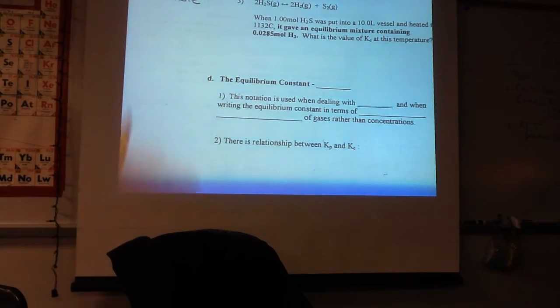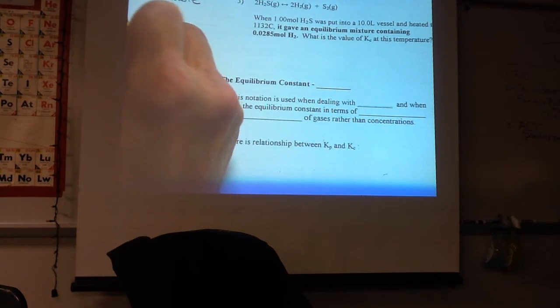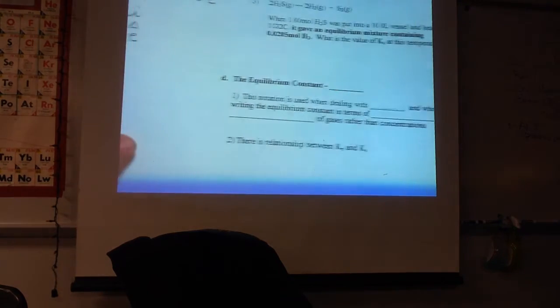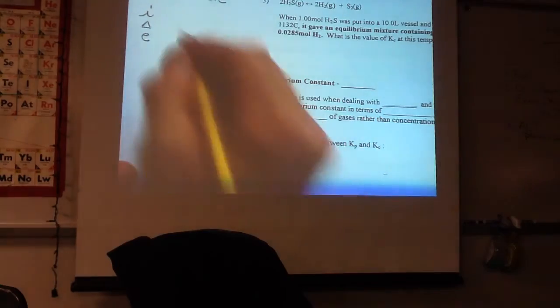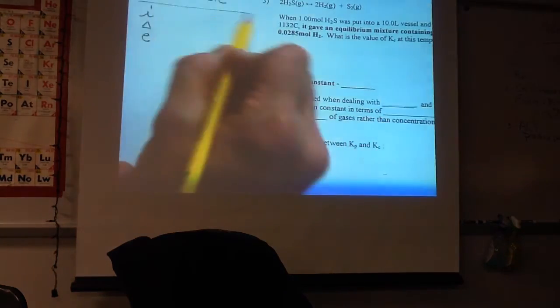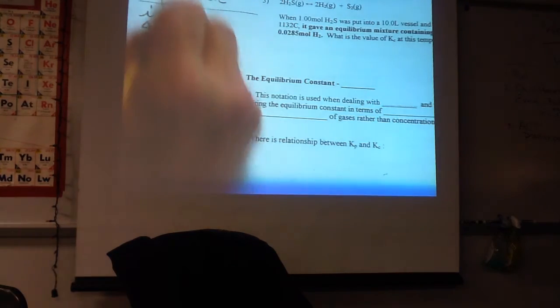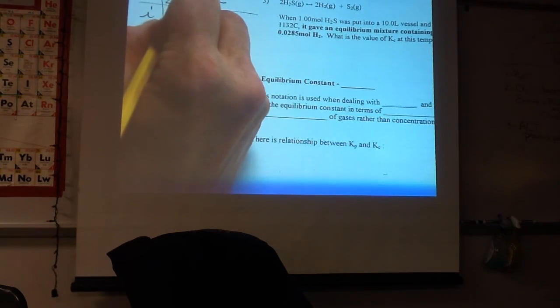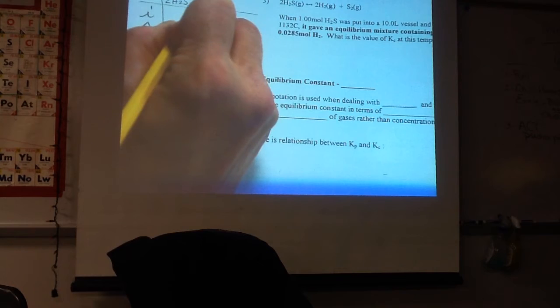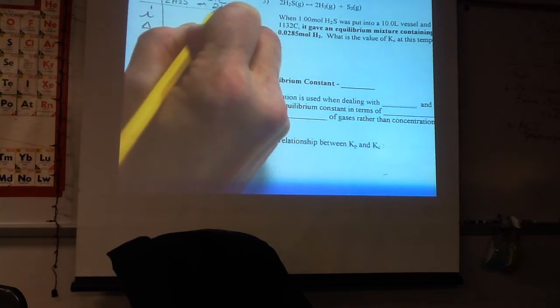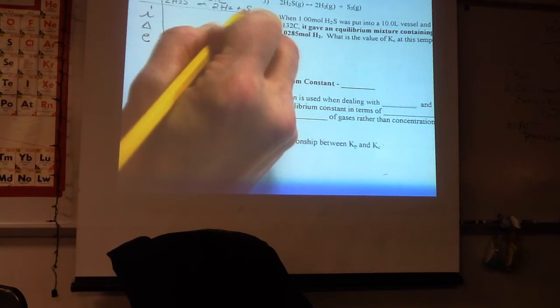We have initial, change, equilibrium, and we're going to rewrite our equation above this table so we know what we're dealing with. We're going to do 2H2S, 2H2, and S2.